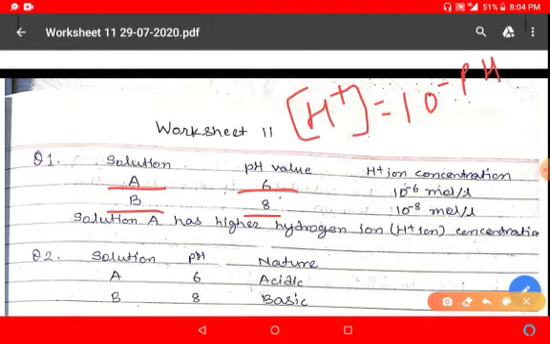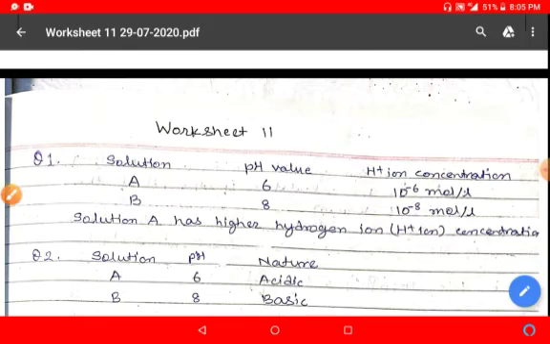Mole per liter also represents the molarity, and when the pH value is 8, it is 10 to the power minus 8 mole per liter. In this case, solution A has the higher concentration of ions as compared to solution B because of the pH value of the hydrogen. Solution A is 6, whereas solution B is 8.